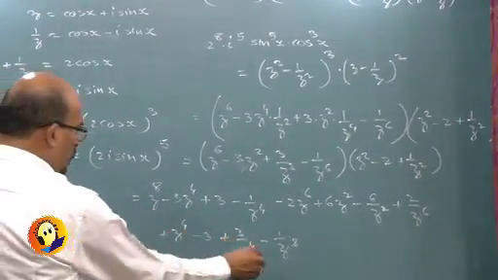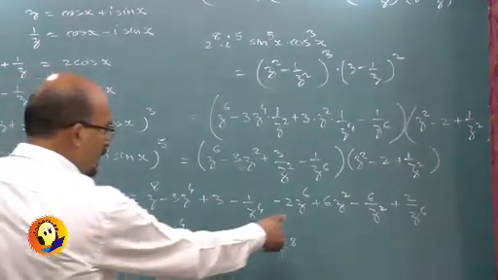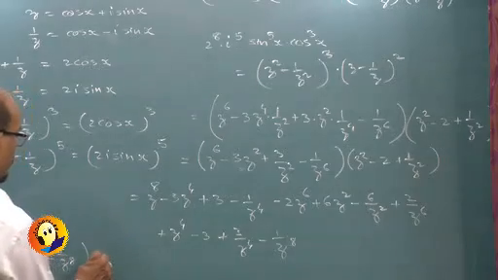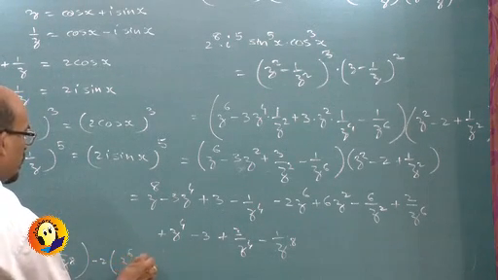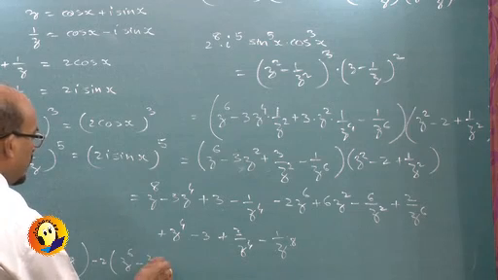So these two are gone. Then for z raised to 6 it is again the same thing, minus 2 into bracket z raised to 6 minus 2 upon z raised to 6.